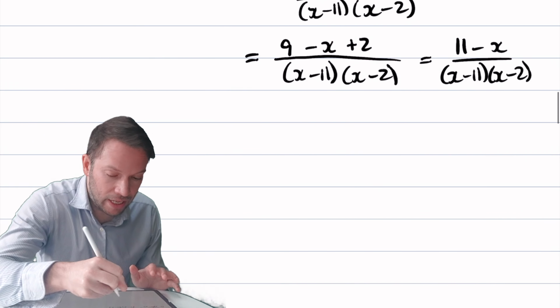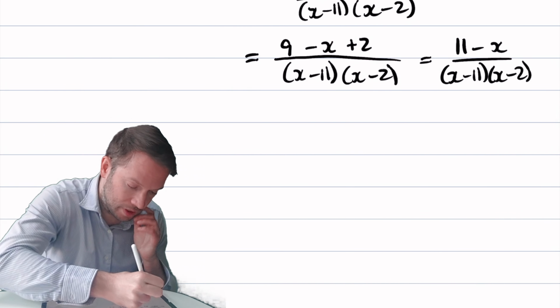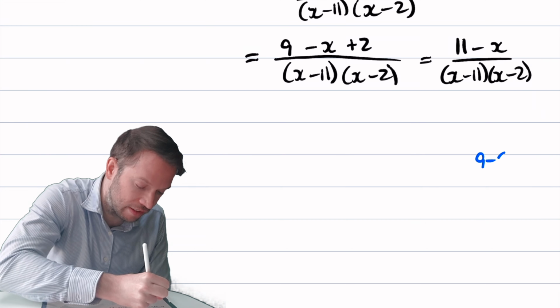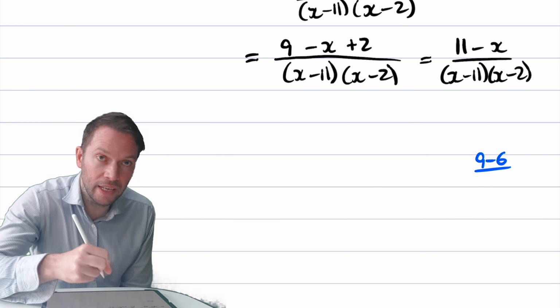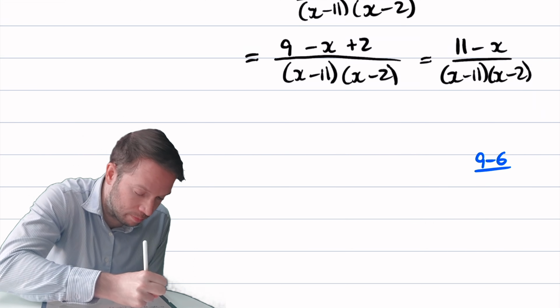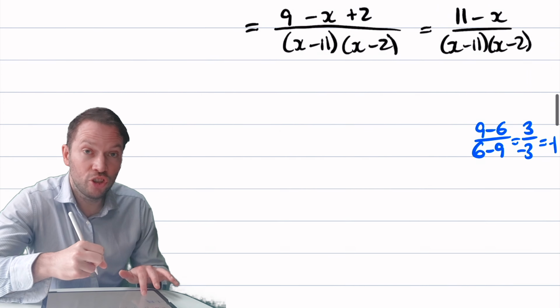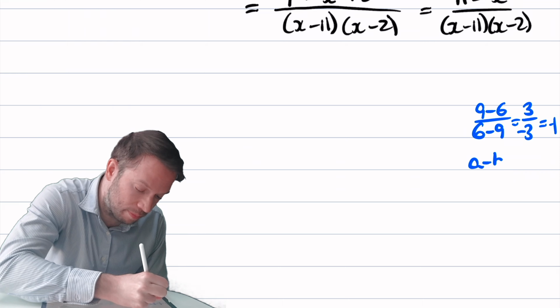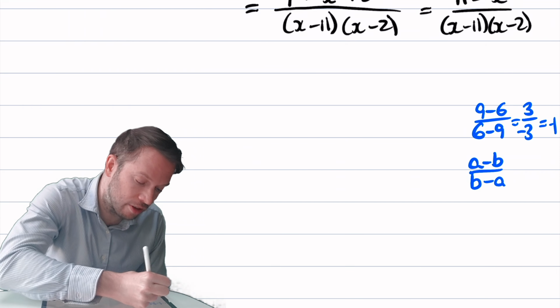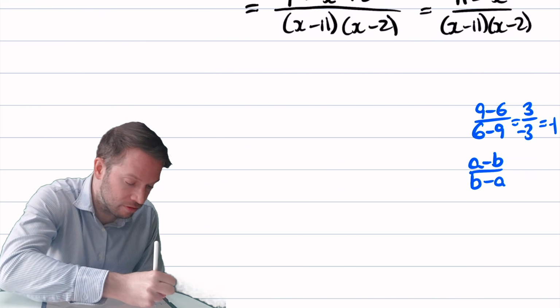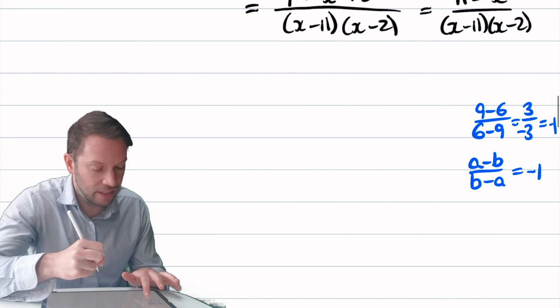Now, in general, if I had, for example, a subtraction like 9 minus 6, and I divided it by the same subtraction but with the numbers swapped around, so 6 minus 9, you can see that's 3 over minus 3, which is negative 1, right? And more generally, if you have a minus b over b minus a, so the same subtraction with the numbers swapped around, you're always going to get negative 1.